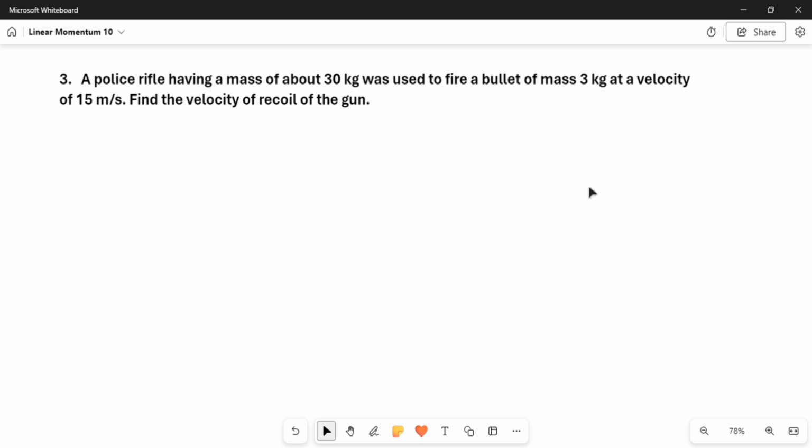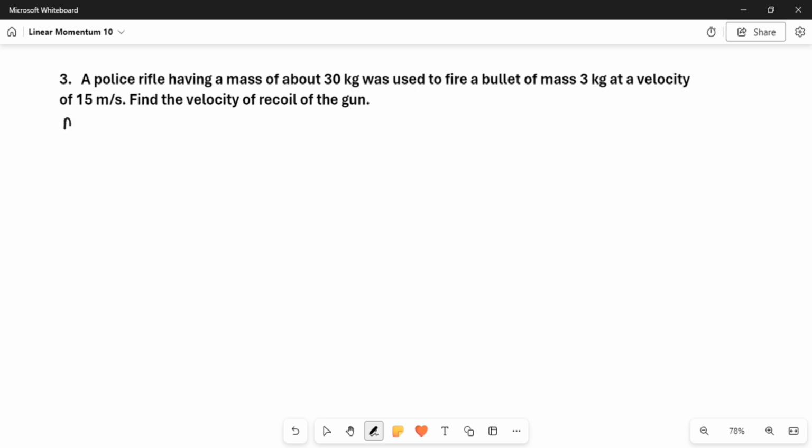The gun, which is the rifle, is the first object. So when you say find the velocity of recoil of the gun, you're talking about the final velocity for that same gun. So let us bring out all the parameters in the question so that we'll know the exact one to look for. Here, let us treat the rifle as the first object.